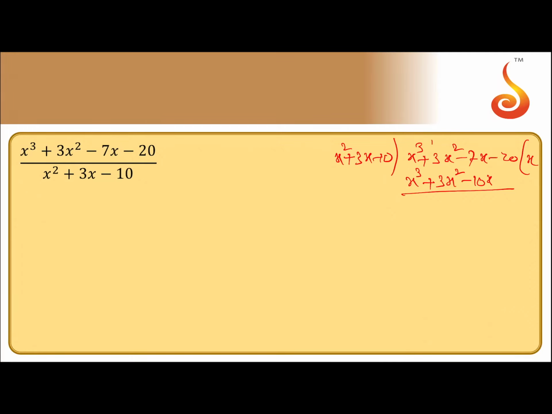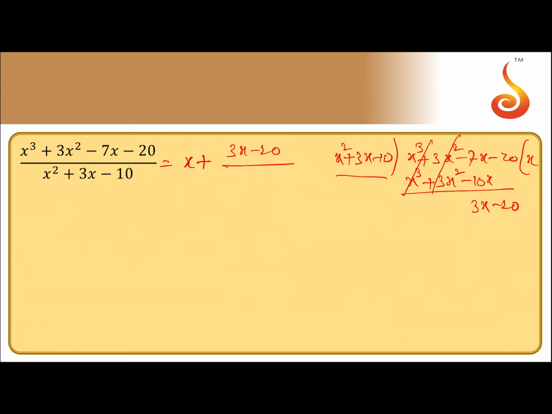Subtracting it, you get 3x minus 20 as the remainder, and that equals quotient plus the remainder 3x minus 20 divided by the divisor.